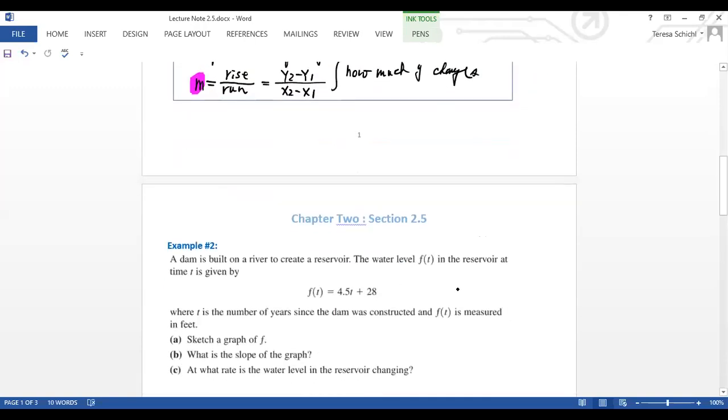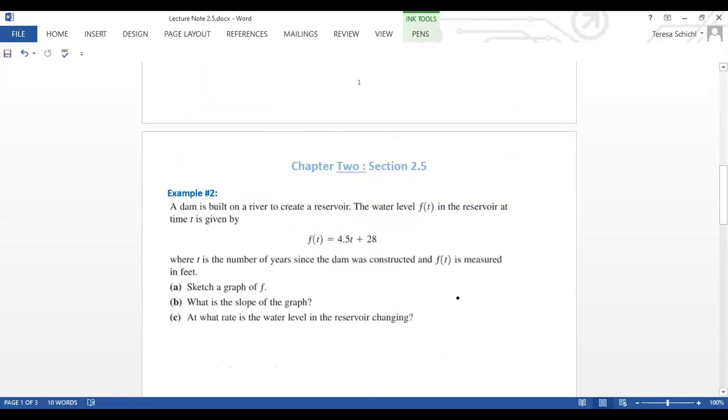Okay, now let's take a look at example number 2. A dam is built to create a reservoir.